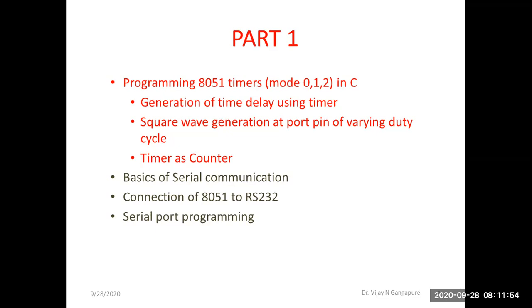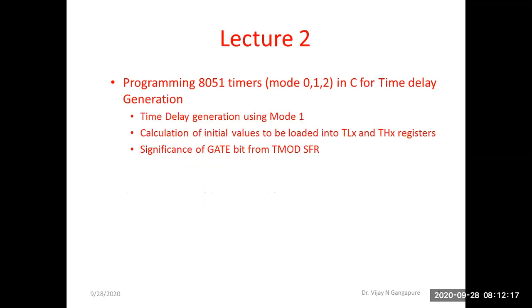Then we especially saw the block diagram of mode 1 and its operation. Mode 0 is very rarely used. It is 13-bit mode. While programming for 8051 timers, we will directly move to mode 1. All these things we studied in previous lecture.